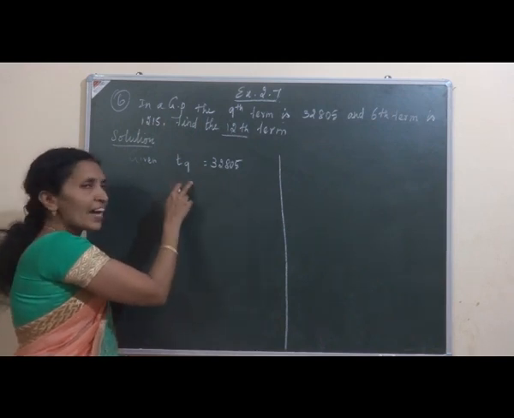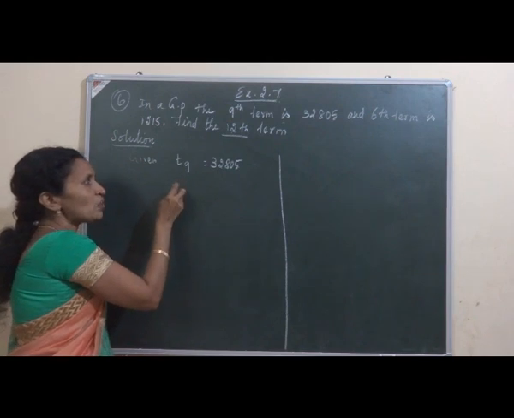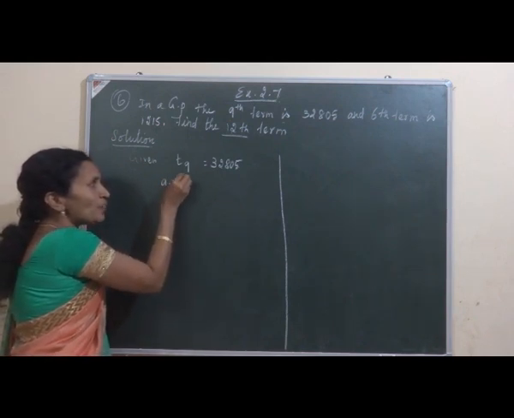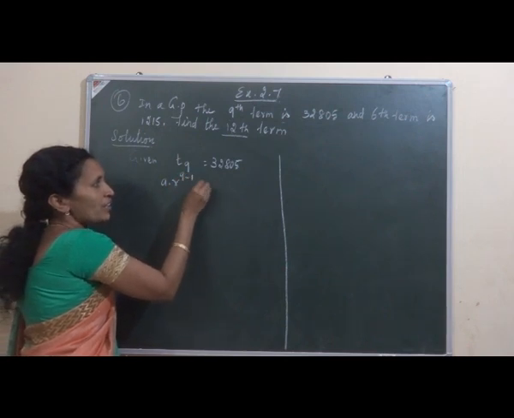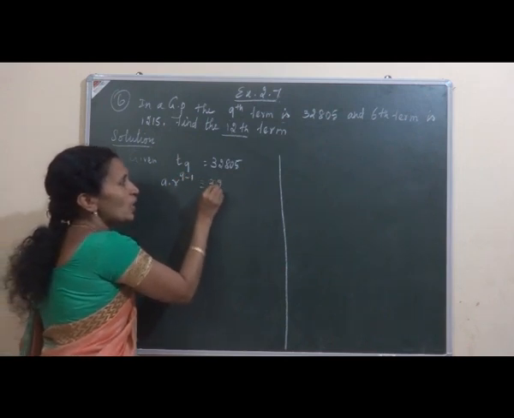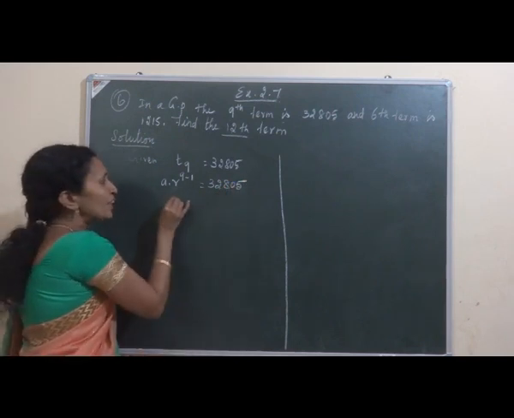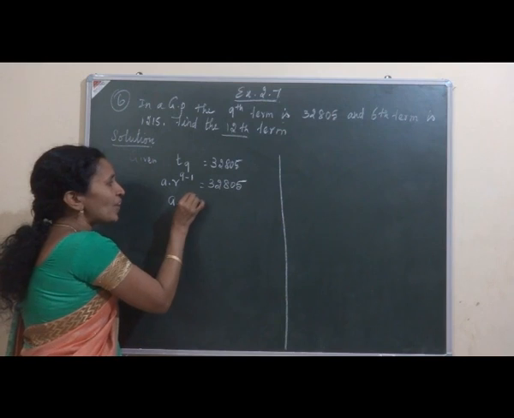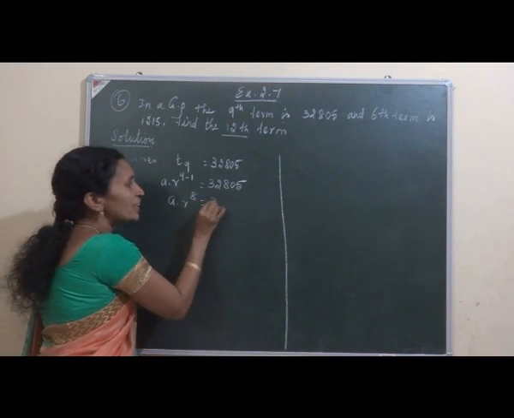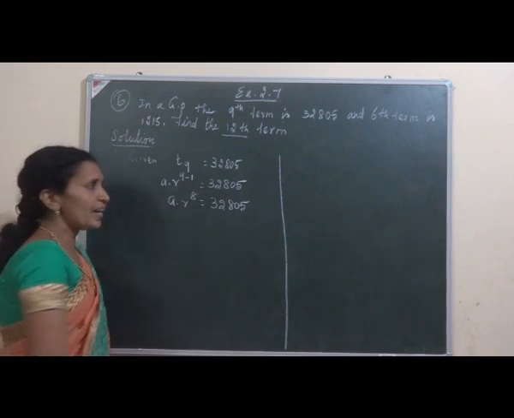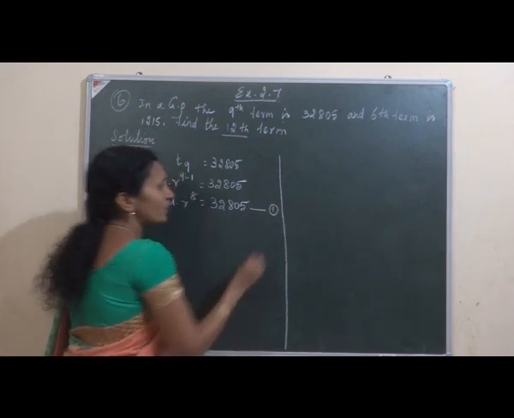So for T9, apply that formula: a into r power 9 minus 1 equals 32,805. So a into r power 8 equals 32,805. Clear? This is equation 1.